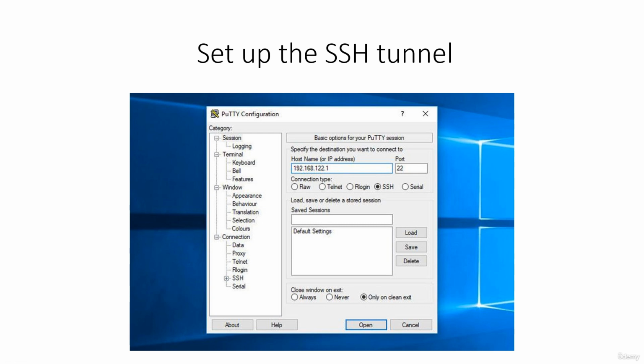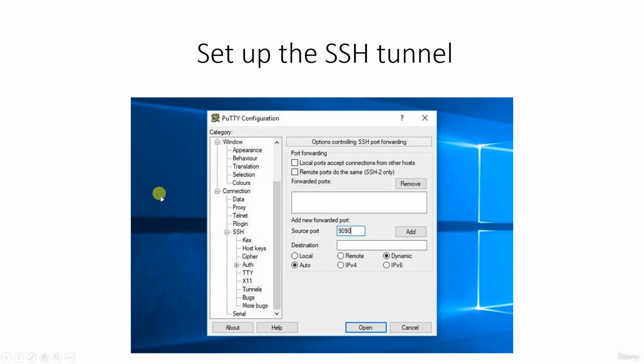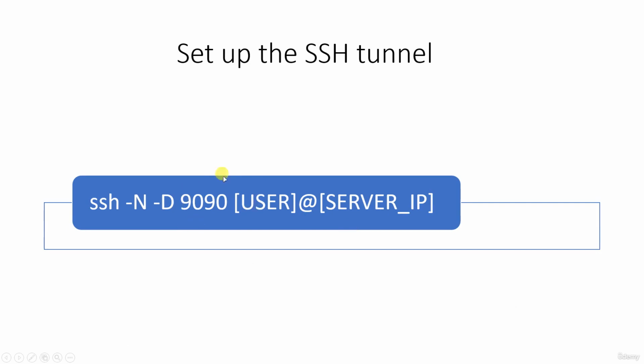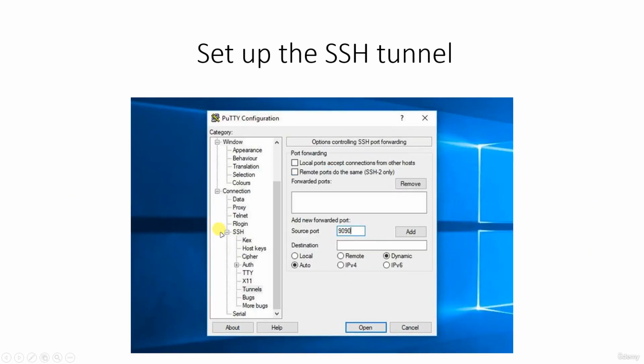Under the connection menu, as you can see in this sidebar, expand SSH, select Tunnels, and enter the port in this field, 9090, as previously defined. So select the port 9090 in the source port field and check Dynamic.